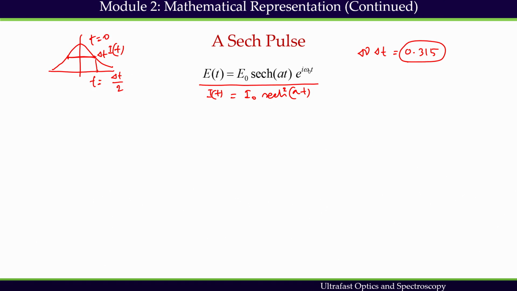So from the definition of full width half max of the intensity profile, I max equals I naught divided by 2, which is nothing but I at t equals delta t by 2. If I plug that in, I get I naught sec hyperbolic square a delta t by 2.